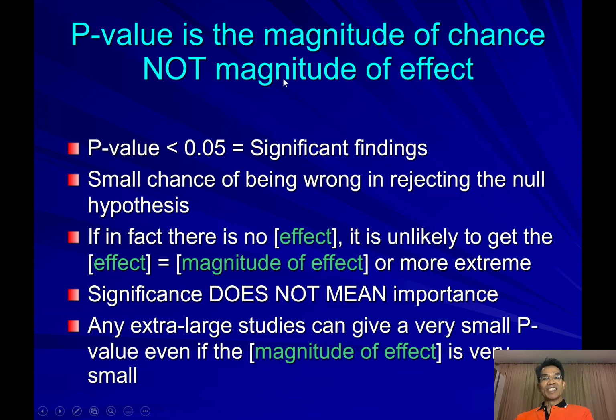The p-value is not the magnitude of effect. P, probability, is the magnitude of chance. So for a p-value less than 0.05, we just say significant findings for short, but actually we need to say the full meaning. It means there is a small chance of being wrong in rejecting the null hypothesis.